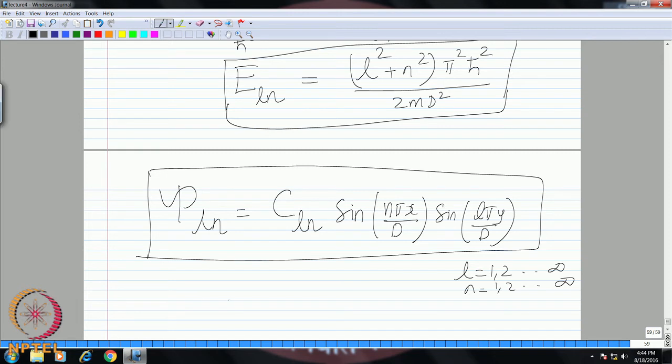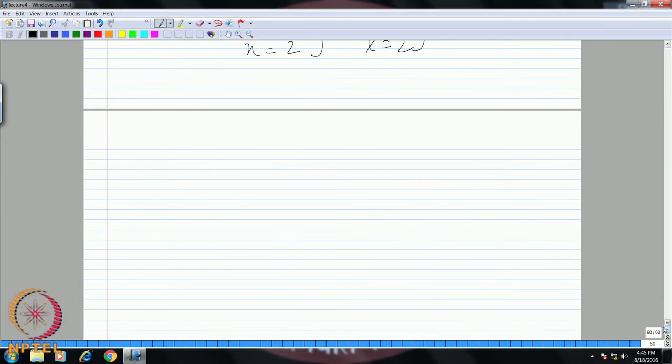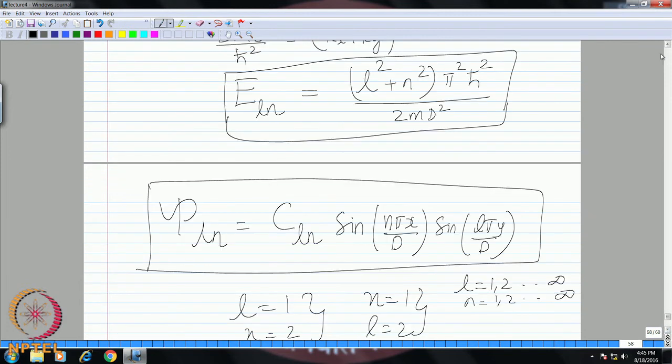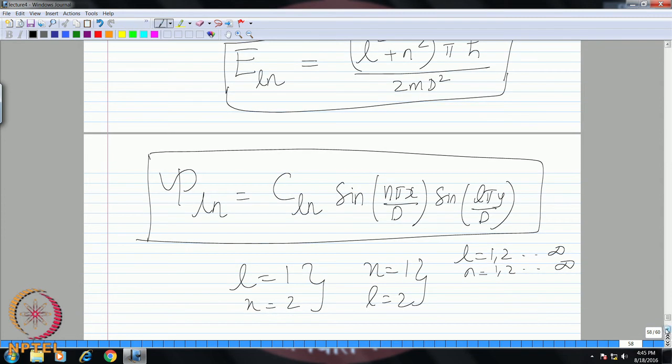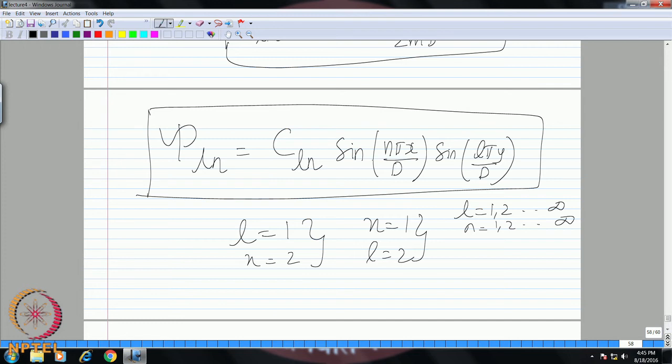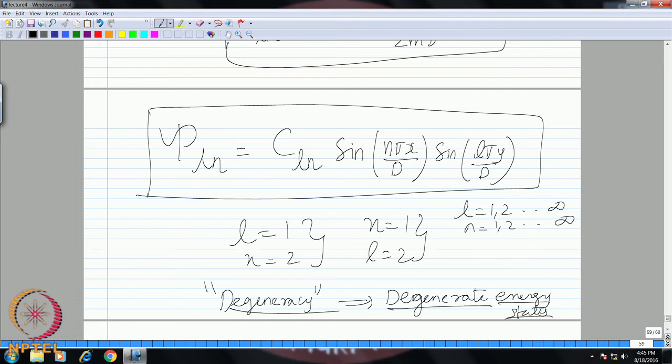In terms of energy this is not going to make any difference, whereas in terms of wave function this will make a difference, because n is associated with x and l is associated with y. This is called degeneracy. This term we will bring in now, or people refer to this as degenerate energy states or energy levels. This is a very common term in quantum mechanics; people talk about degeneracy.